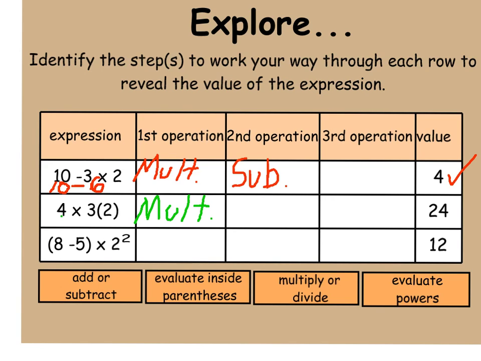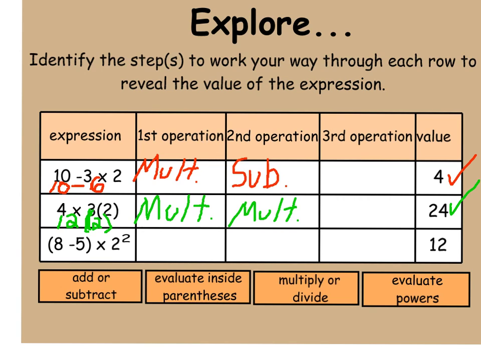So 4 times 3 is 12, and we'll bring that 2 down. And the parentheses, the 12 next to the parentheses means to multiply. So 2 times 12, so our second operation will be multiply. And you all know what 12 times 2 is. 12 times 2 is 24, so that checks out.